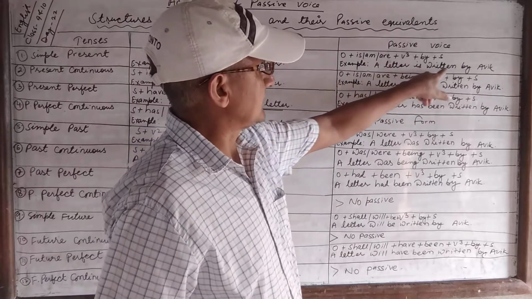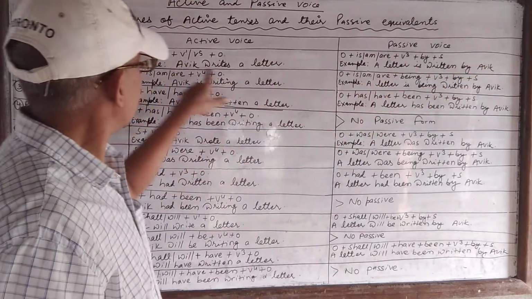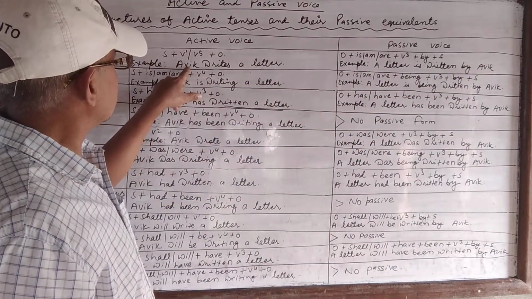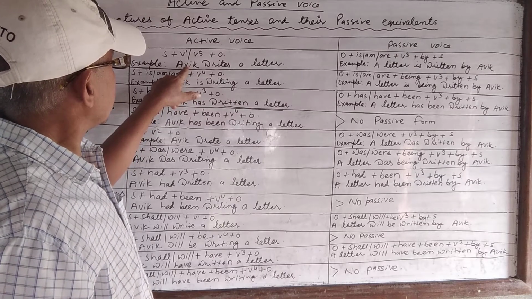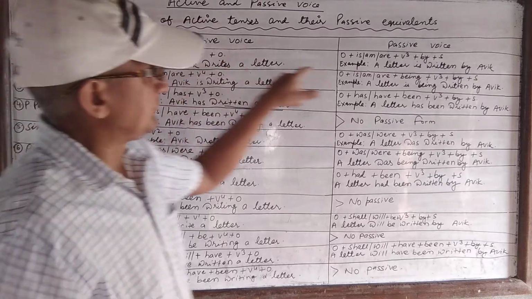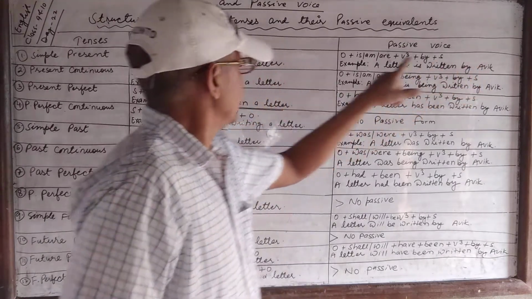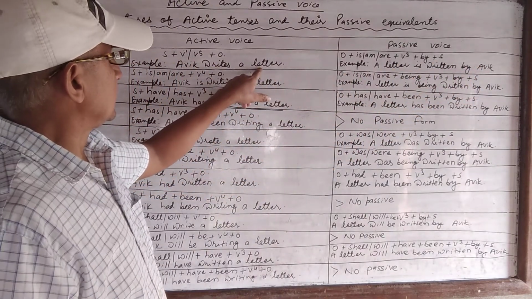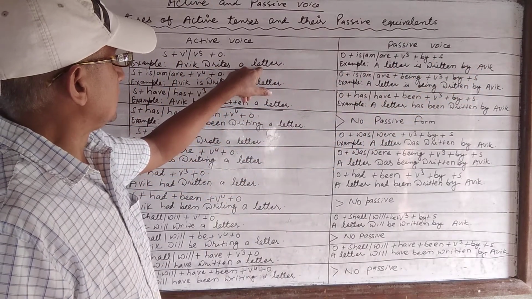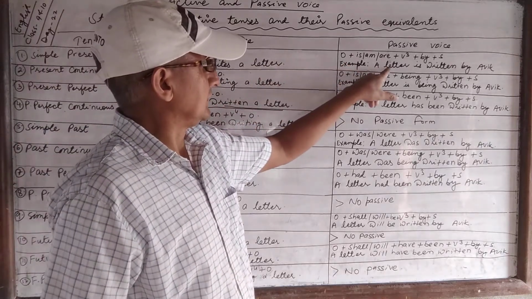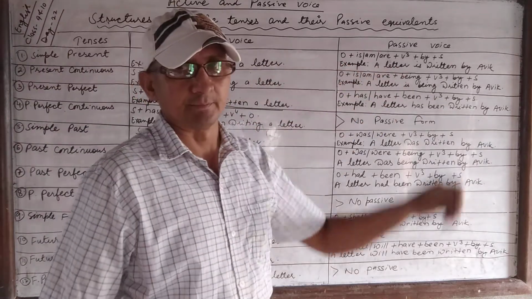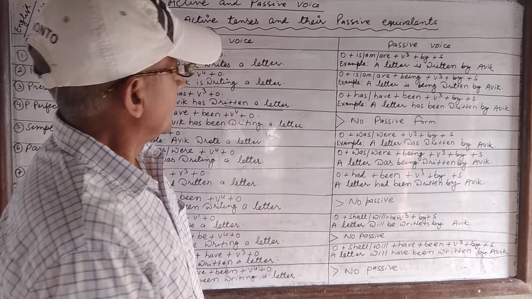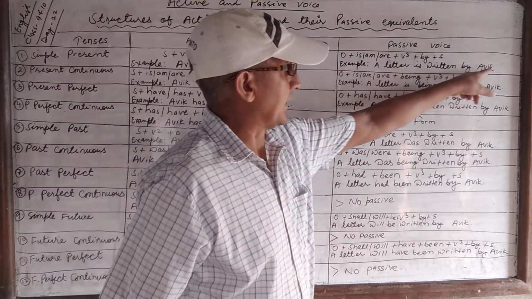A letter is written by Abik. Abik is the subject in the active voice and it becomes object in the passive voice. A letter is the object in the active voice. In the passive, it becomes subject. So a letter is written by Abik.